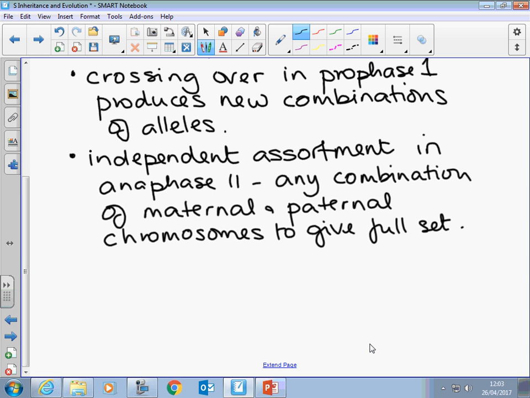Okay, so you know, it could be mothers 1, 2, 3, fathers 4, 5, 6, mothers 7, fathers 8, mothers 9, mothers 10, fathers 11. It doesn't matter. So you get so much potential for variation.